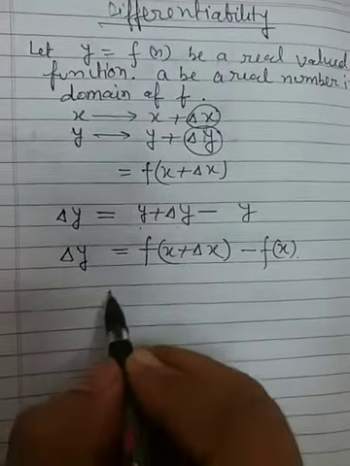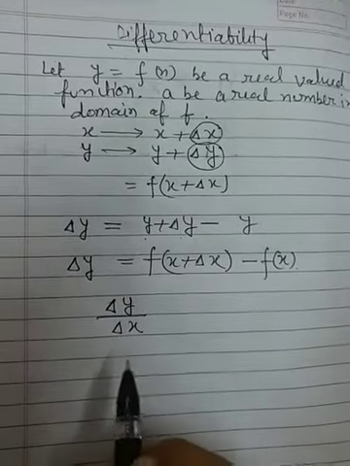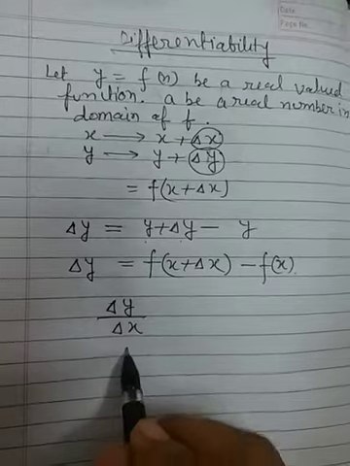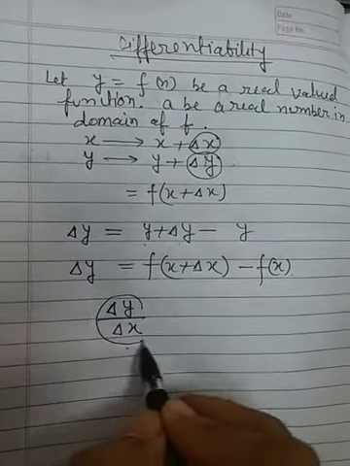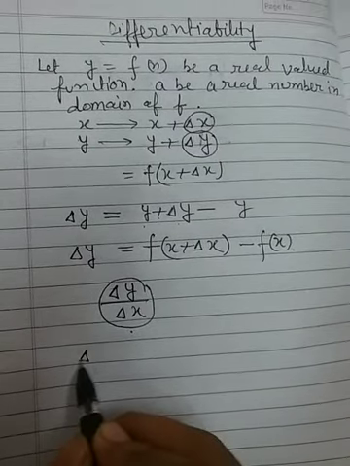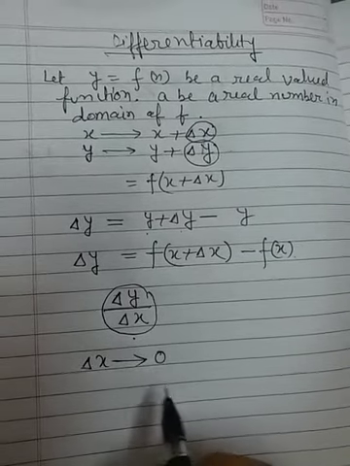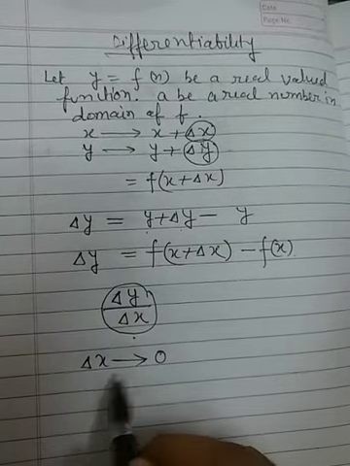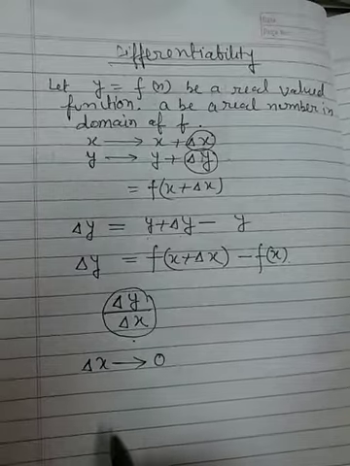Now, if you see this ratio delta y by delta x, this is the average rate of change in y with respect to change in x. This ratio is very important to understand. Whenever we say that delta x is tending towards 0, what is the meaning of tending towards 0? This means x and x plus delta x are very close.